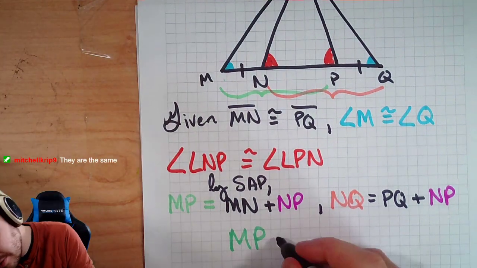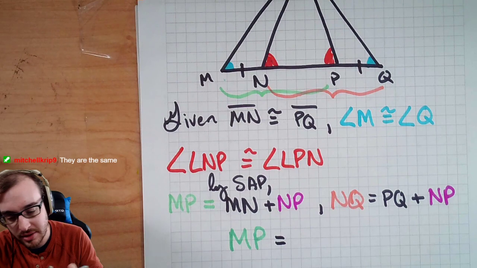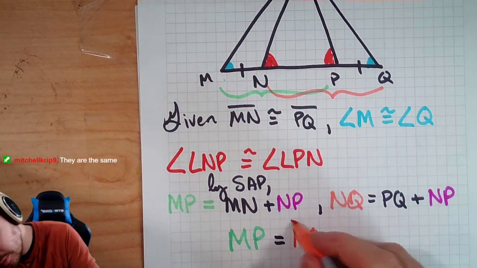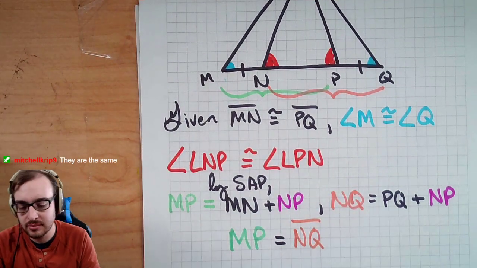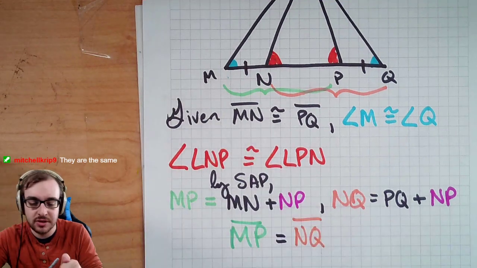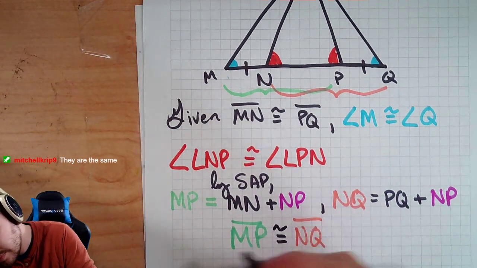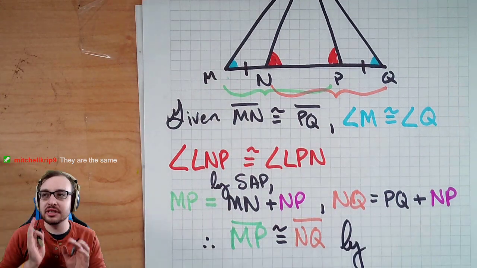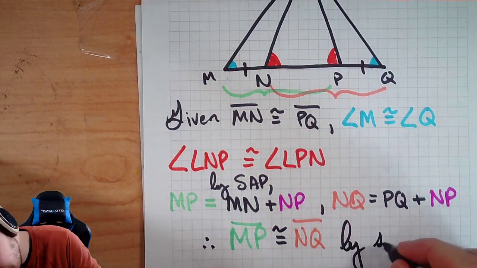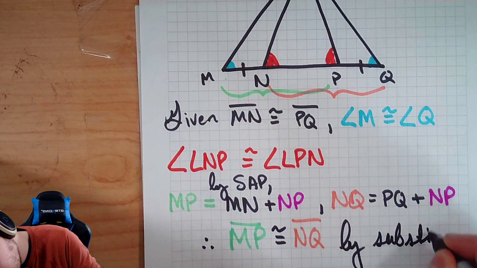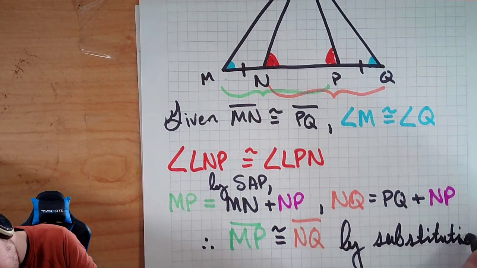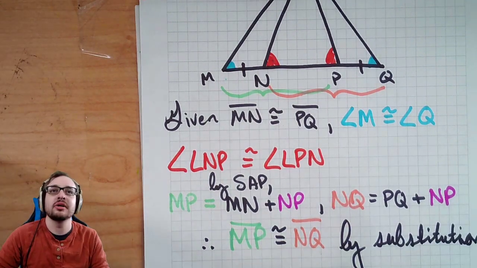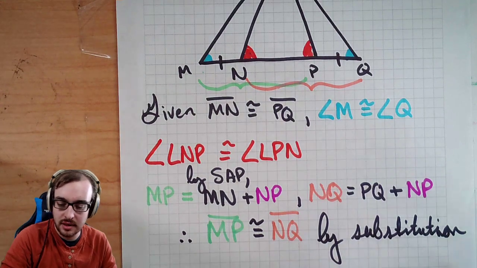So we know that this equals that. Or in other words, let's make it congruency. Let's talk about the actual line segments. And what we just did here is we did substitution. Okay, hear me out.